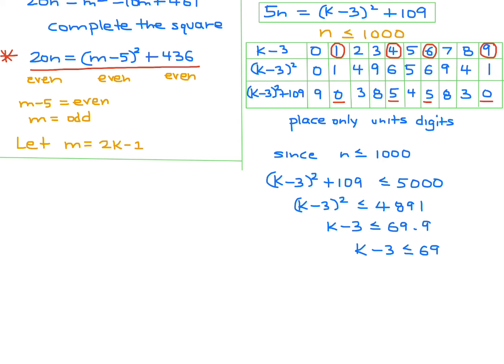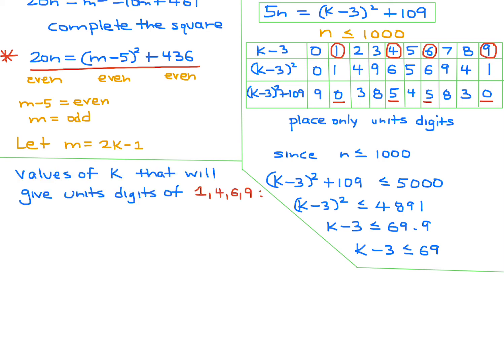Now we have to talk about what values of k I can plug in that will give me units digits of either 1, 4, 6, or 9. Correct? And keeping in mind that k minus 3 is less than or equal to 69.